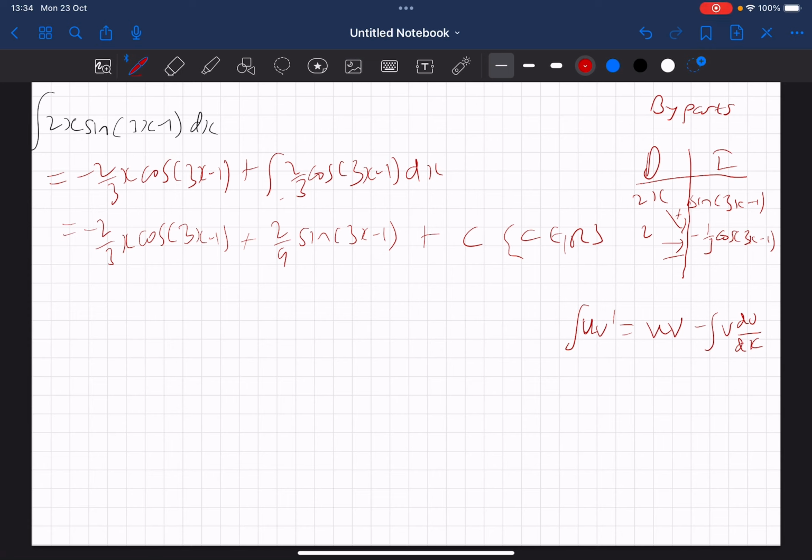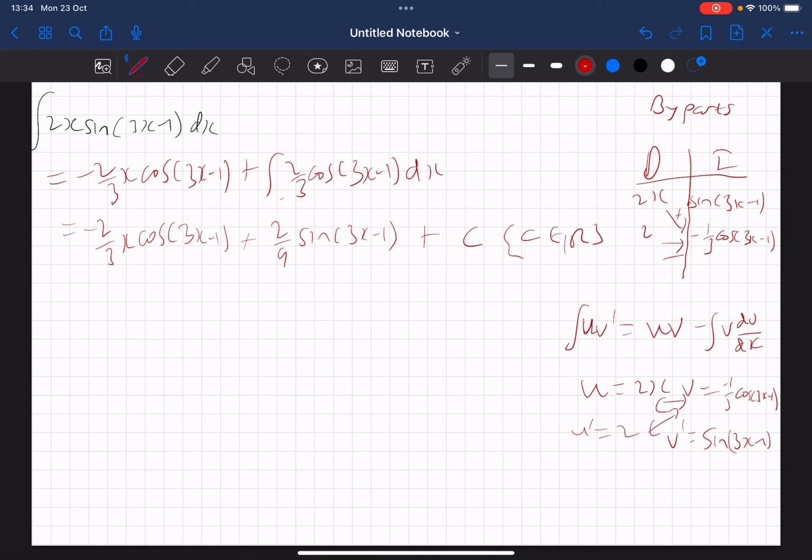Now, if you would go do this in the same way, your u would be 2x, your v prime would be sine of 3x minus 1. Then you could integrate to get your v, which would be the minus a third cos 3x minus 1. You could differentiate that to get 2, and then you could do that times that minus v times du by dx.